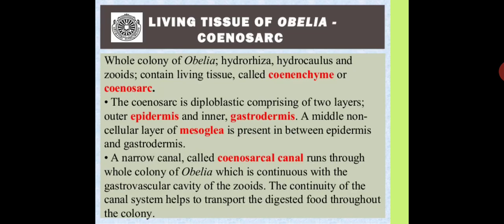A middle non-cellular layer of mesoglea is present between the epidermis and gastrodermis. A narrow canal called the coenosarcal canal runs through the whole colony of Obelia, which is continuous with the gastrovascular cavity of the zooids. The continuity of the canal system helps to transport the digested food throughout the colony.